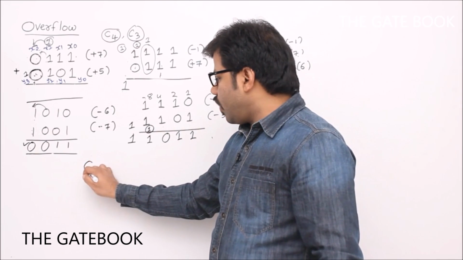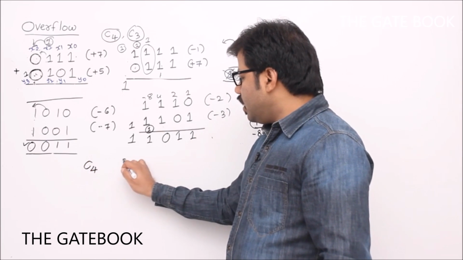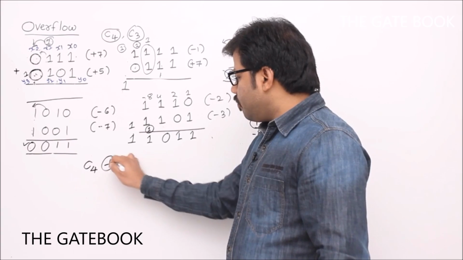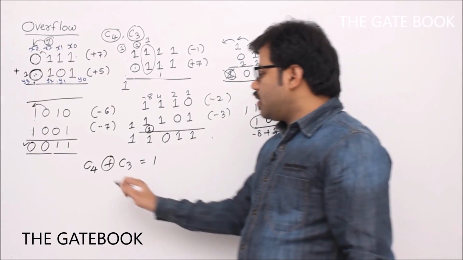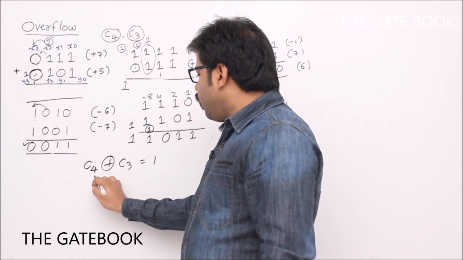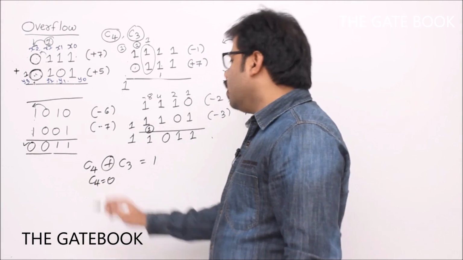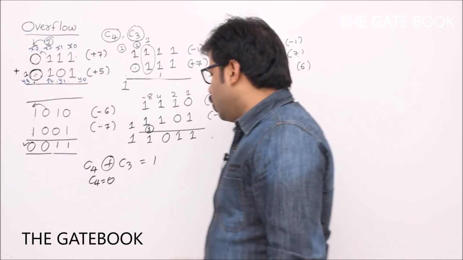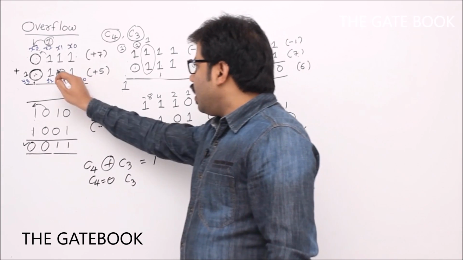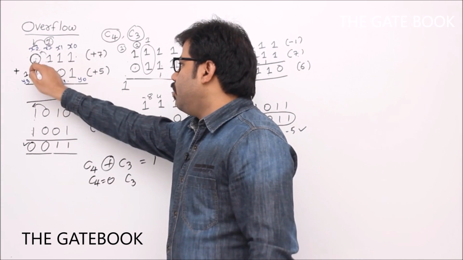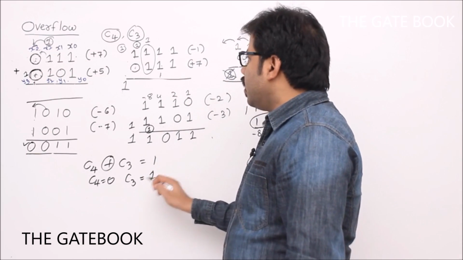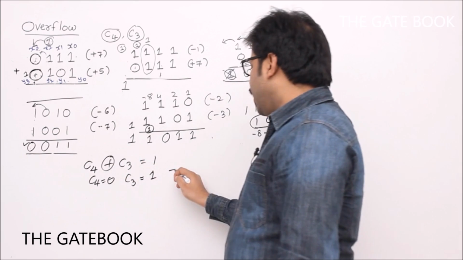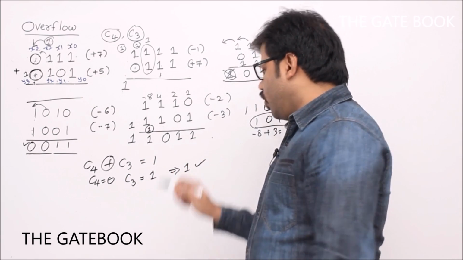What you realize finally is that if the C4 bit and C3 bit XOR is 1, then you are going to get overflow. Example, in this case the C4 bit is what? 0, correct? Carry out is 0. Carry in to the most significant digit is what? 1, right? Here especially, 1 XOR 0 is 1, that's why there is an overflow.